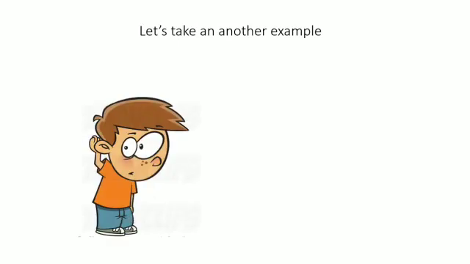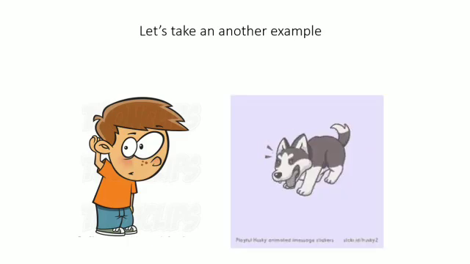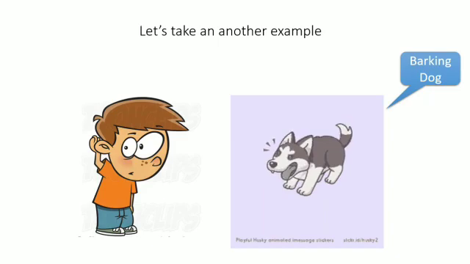Now let's take another example. We can hear different kinds of sounds and identify them. When we hear the sound of a barking dog, we can easily identify it as the sound of a barking dog.